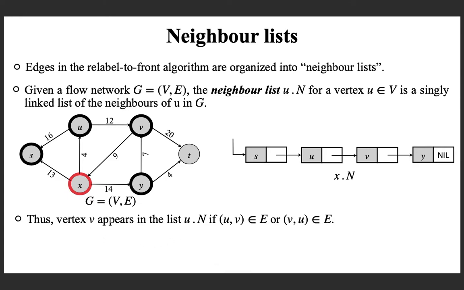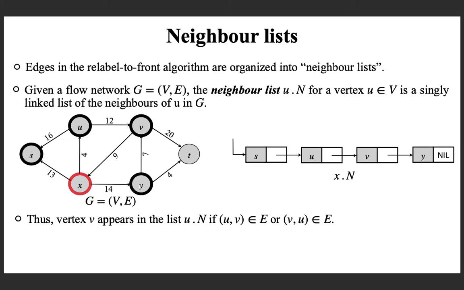A vertex v is called a neighbor if there is an edge going from u to v or coming from v to u. If an edge is there in either direction, then it is a neighbor. For example, for x, s is a neighbor because this edge is there, u is a neighbor because this edge is there, v is a neighbor because the reverse edge is there, and y is also a neighbor because the x to y edge is there.